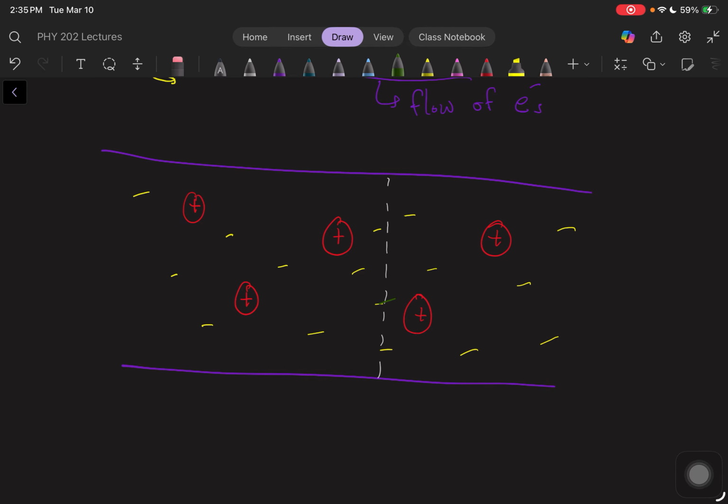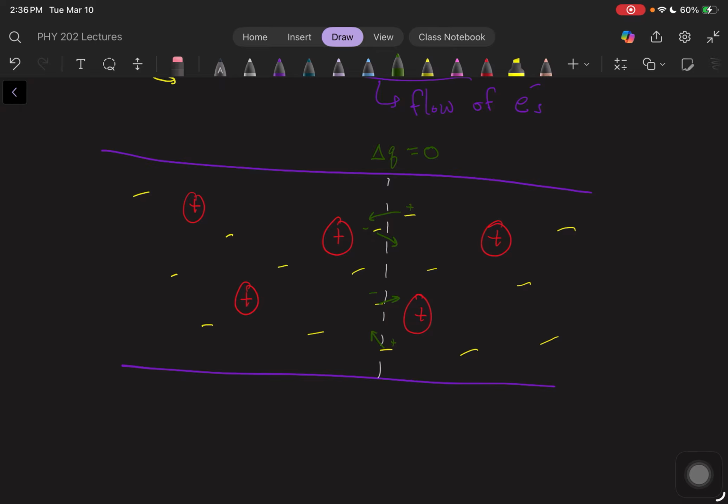Say maybe this charge is going this way, this one's going that way, this one we can have going this way, maybe this one's going this way. If we look at delta Q for either side of this boundary, we see it's equal to 0, because we had +1, +2, -1, -2. There's no net charge flowing.